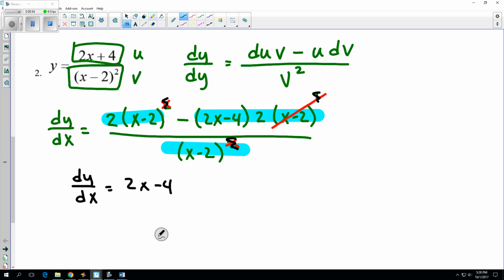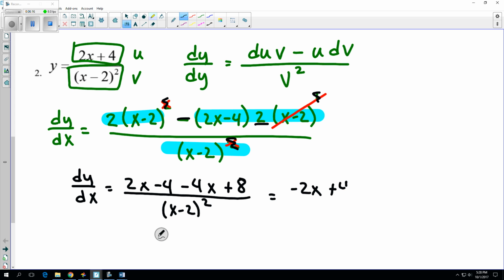I'm going to distribute, in this case, the negative 2. And then I'm left with x minus 2 squared. So we don't want to multiply that out. If I'm simplifying this, I'm left with negative 2x on top, and it looks like a positive 4. And the denominator is x minus 2 squared.